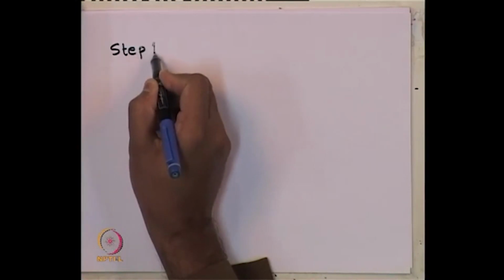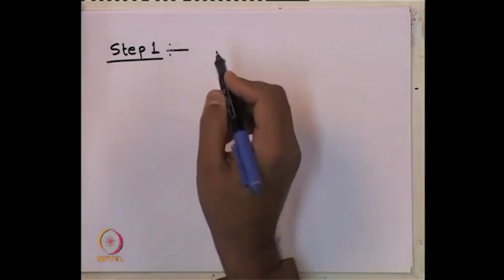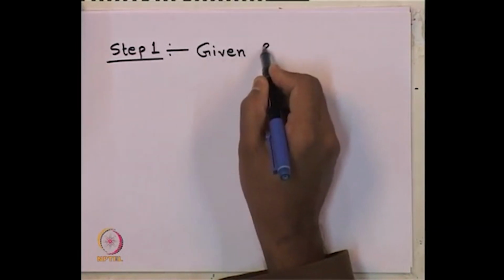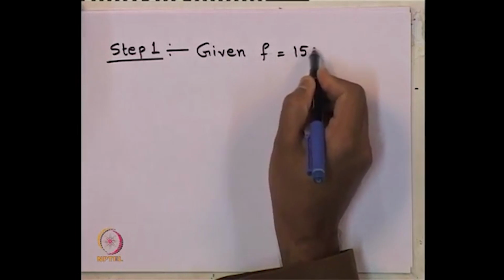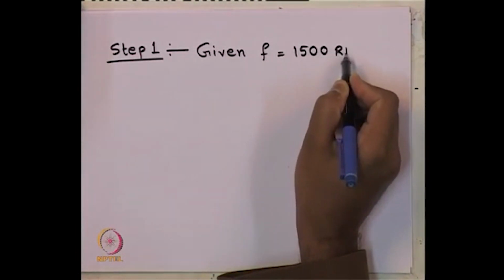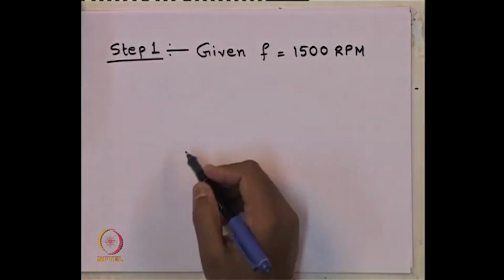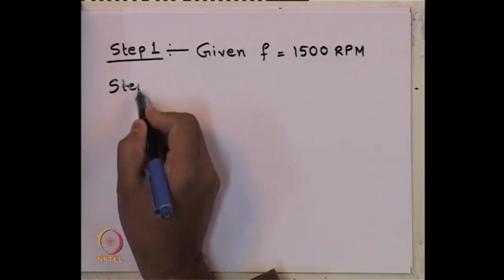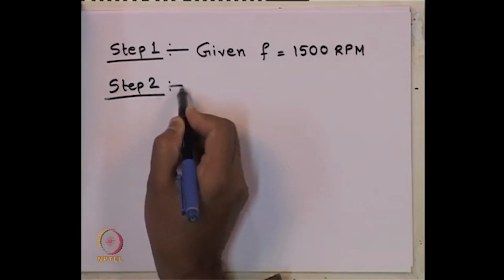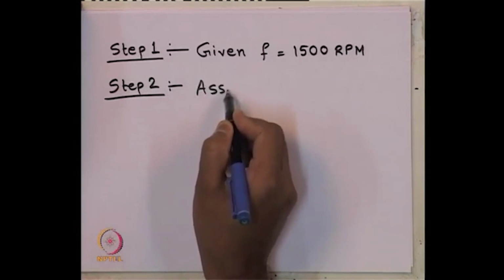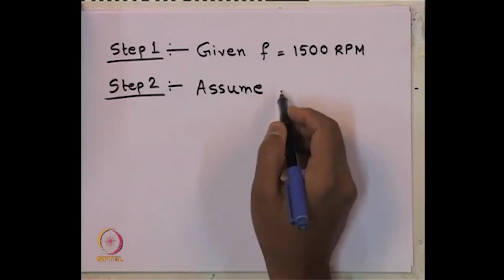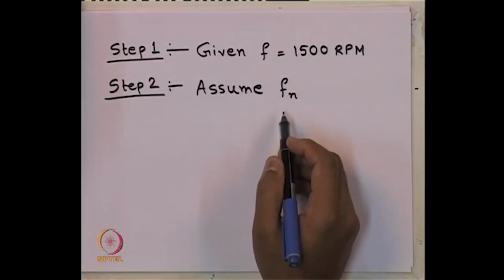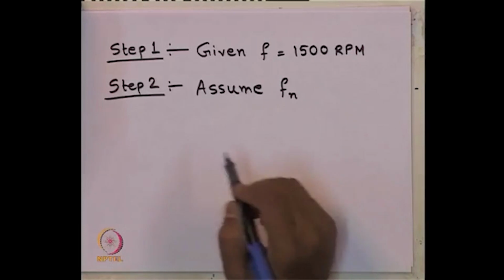In step 1, the given value of operating frequency is 1500 RPM. It is given to us. So, step 2 says assume Fn, that is natural frequency of the machine plus foundation system.